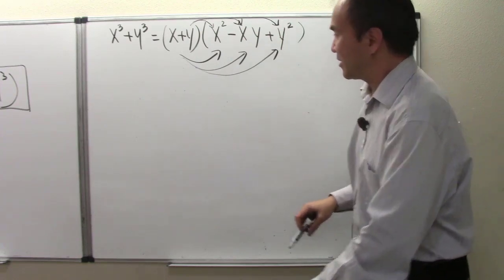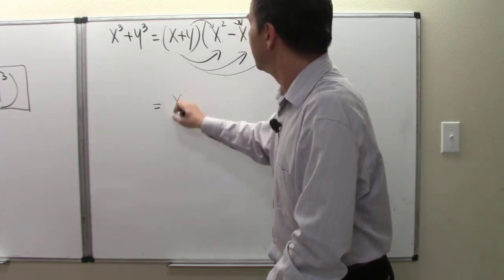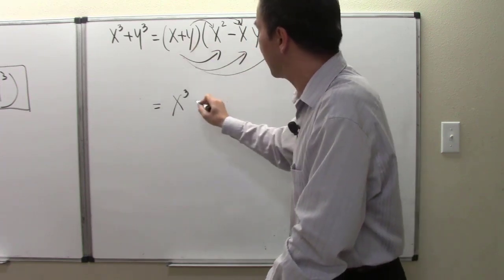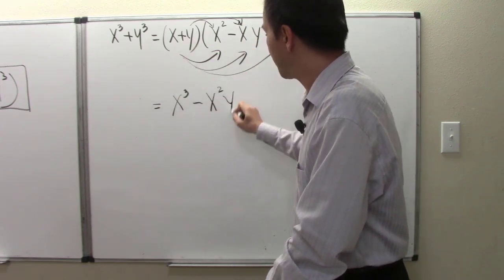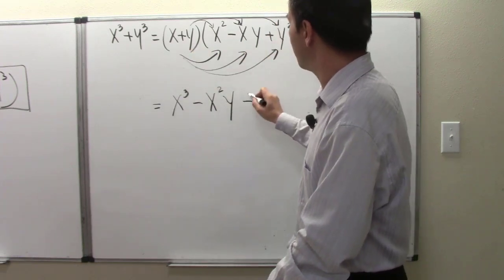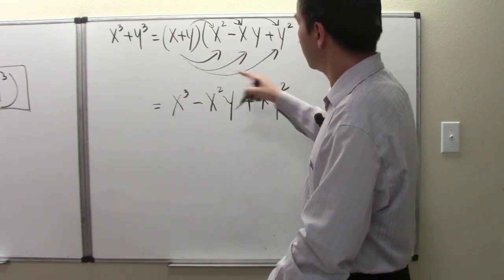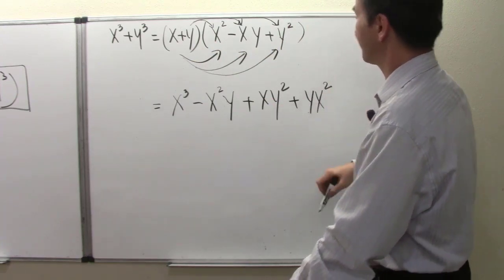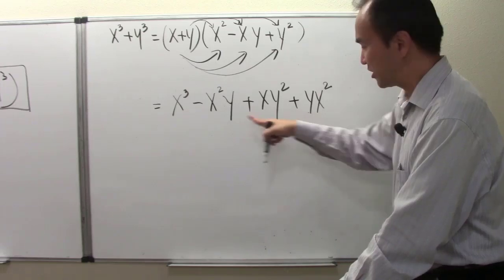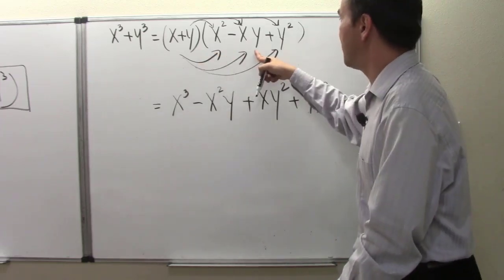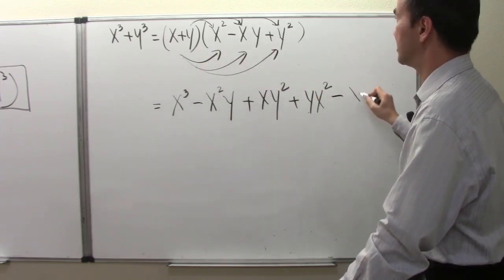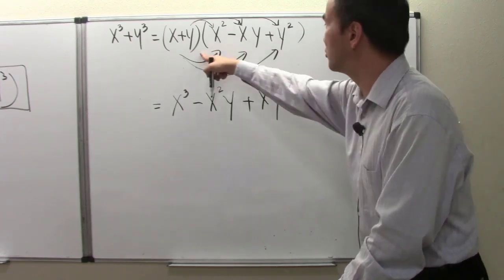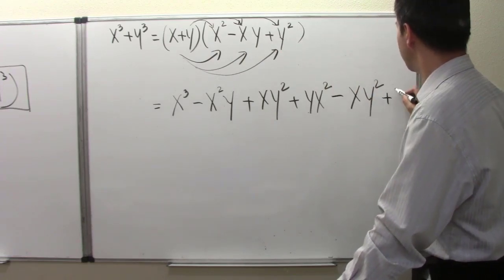Doing that, x times x squared gives me x cubed, x times minus xy gives me minus x squared y, x times y squared gives me plus xy squared, y times x squared gives me plus y x squared. And notice how they are already opposite signs. Then y times minus xy gives me minus xy squared, and y times y squared gives me plus y cubed.